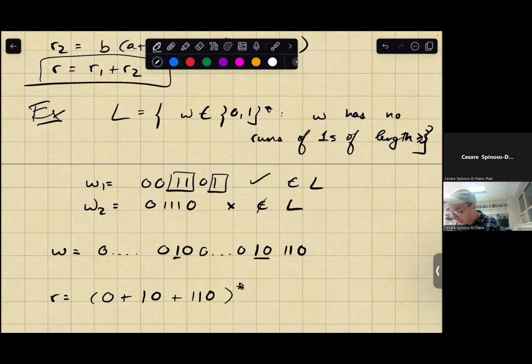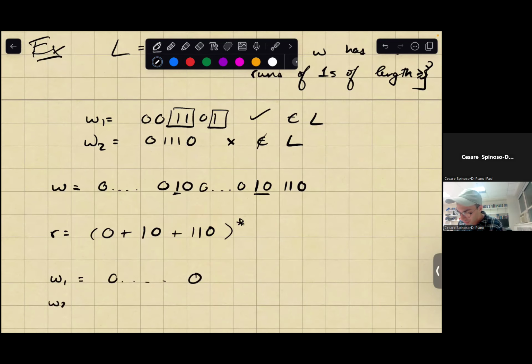Because now this covers a lot of cases. I have a case where I just have zeros, that's legal. A case where there's at least a 0 between every single one, so that's fine.